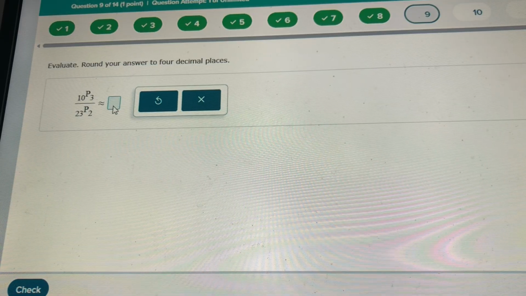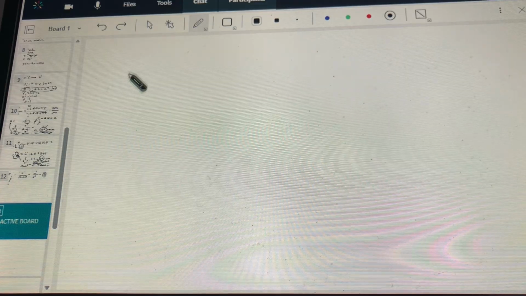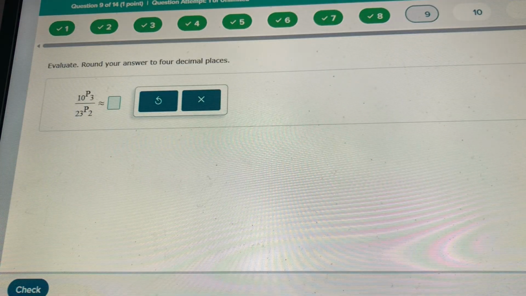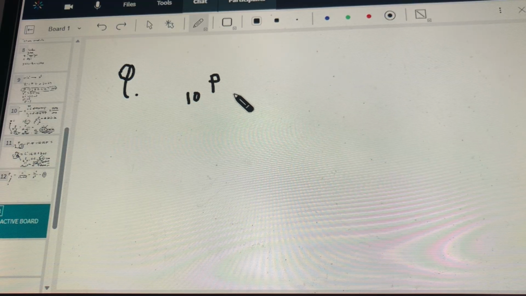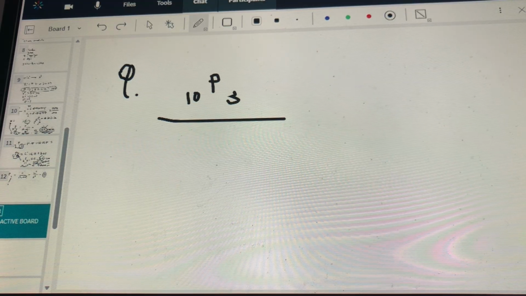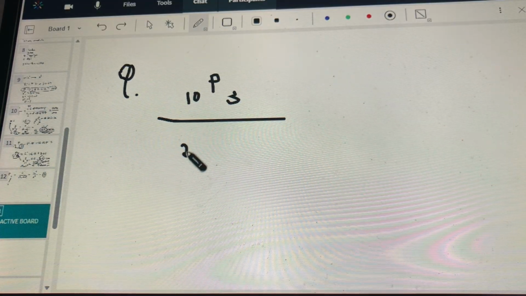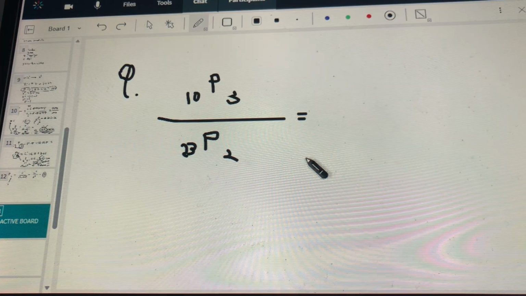So normally permutation answers are not decimals, but this time it will be because I'm doing 2 of them divided by each other. So number 9, they want me to do 10 permutation 3, that's some big integer number, divided by 23 permutation 2, which is another big integer basically.